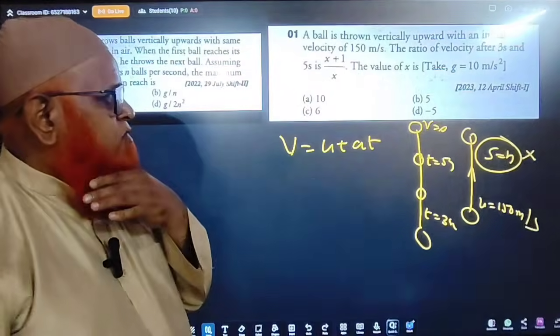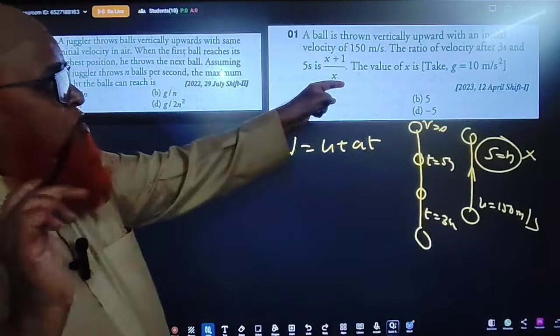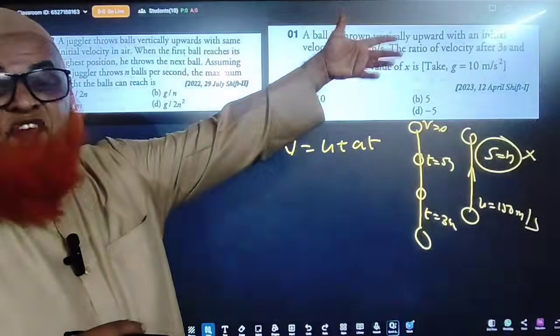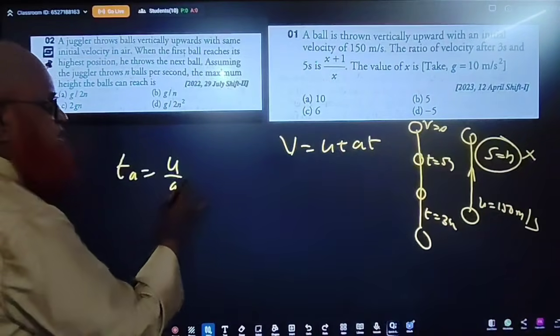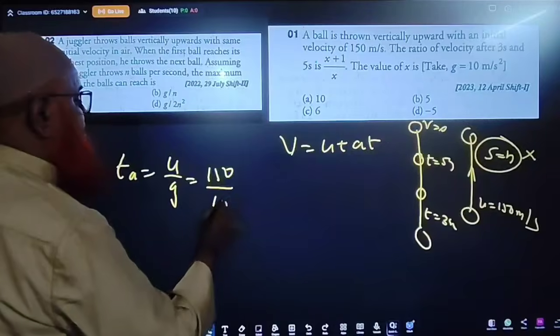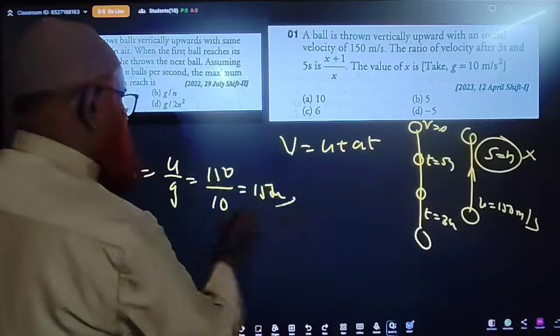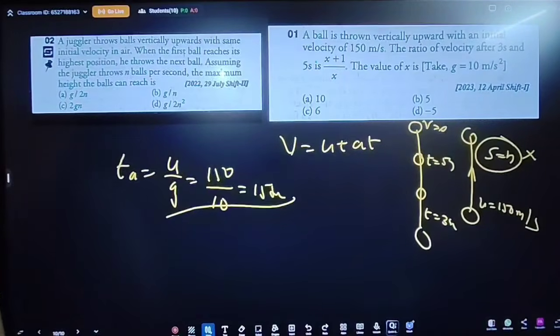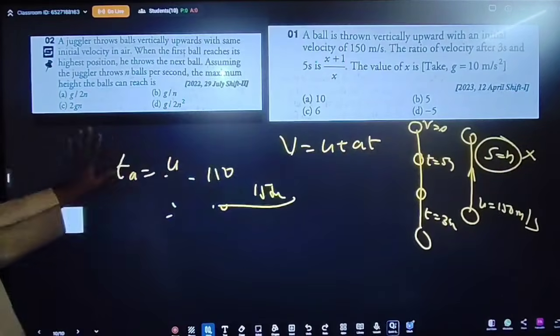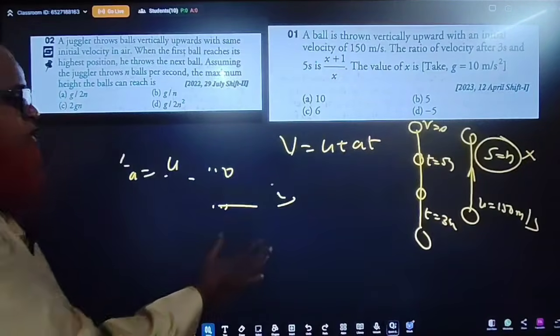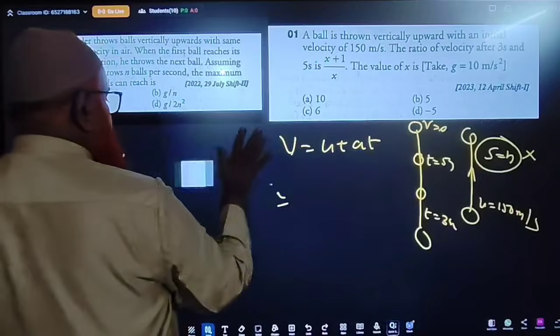Am I right or not? If you want to find the time of ascent, it is U by G, which is 150 by 10, which is 15 seconds. So we are taking only 3 and 5 seconds, which is in between.